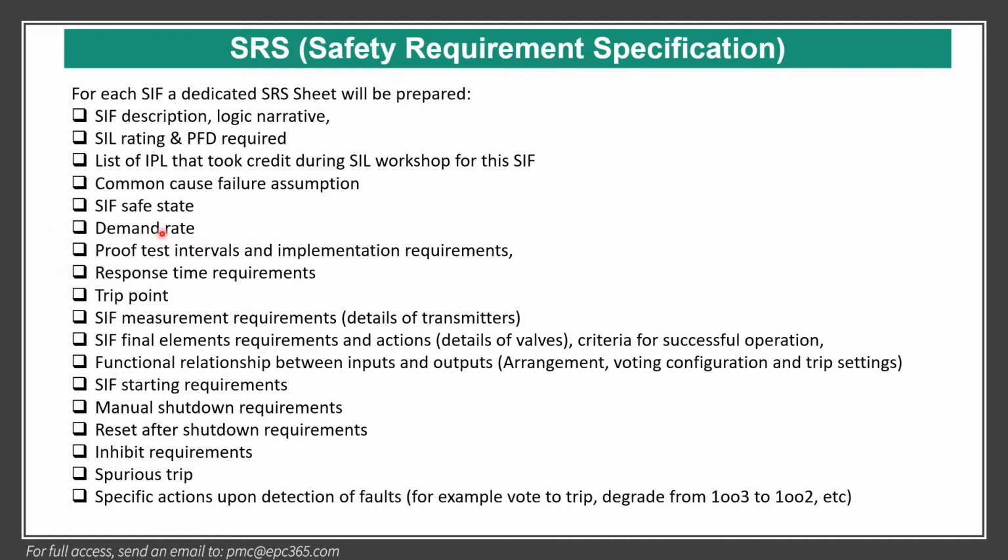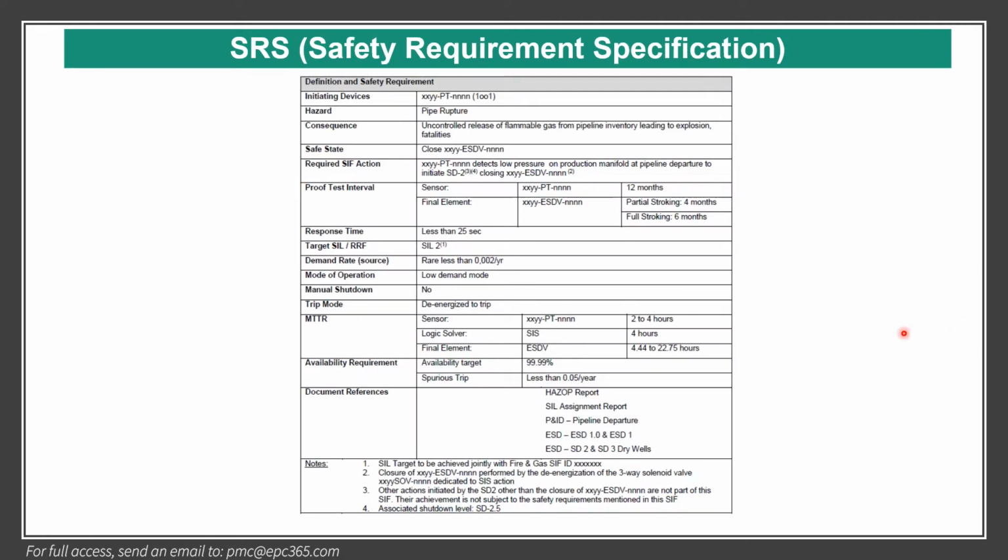This is again in SIL allocation you can see, proof test interval and implementation requirement. This is in SIL demonstration or verification: response time, trip point, measuring point, SIF final element, functional relationship between input and output, inhibit requirement, spurious trip, and specific action. So now I show you here, this is a table that for each SIF should be written.